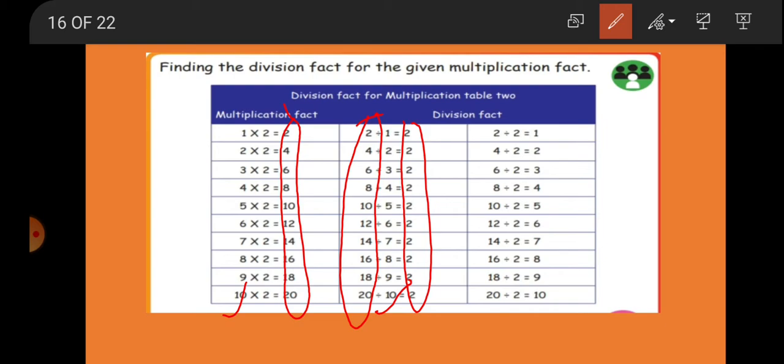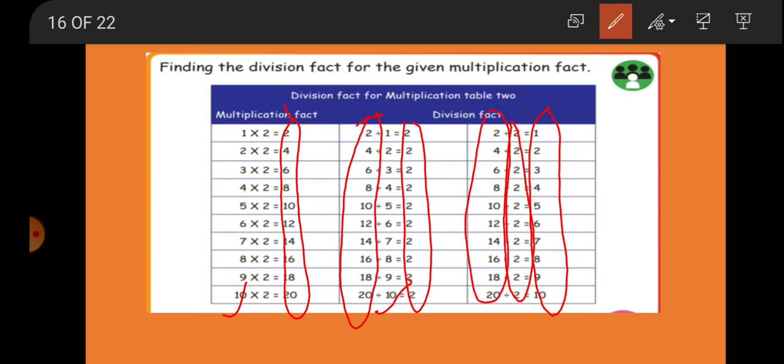So 2 divided by 1 is equal to 2, 4 divided by 2 is equal to 2, 6 divided by 3 is equal to 2. This is one of the ways. See here the second way: 1 2 3 4 5 will be coming this side and 2 fully coming this side, and the 2 table answers will be this side.